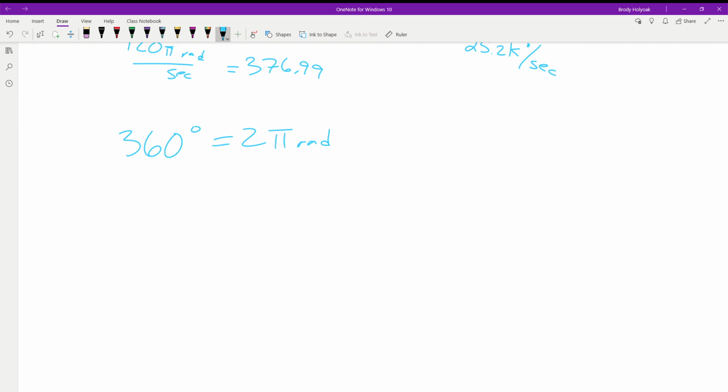So when we want to convert from degrees into radians, we've got X number of degrees over 360 is equal to X number of radians over 2 pi.